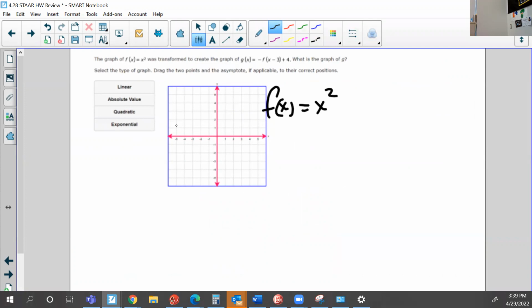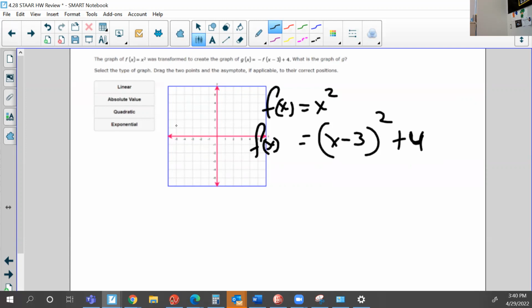It's transformed to minus, open parentheses x minus 3, close parentheses, squared, plus 4. That's the graph when it's transformed.